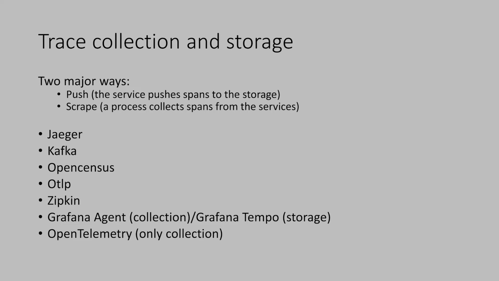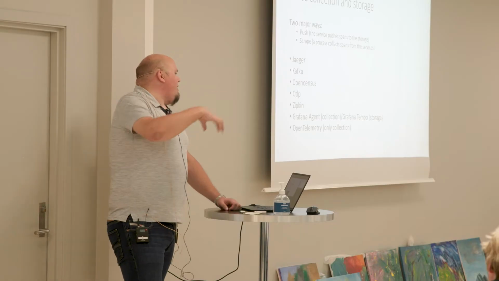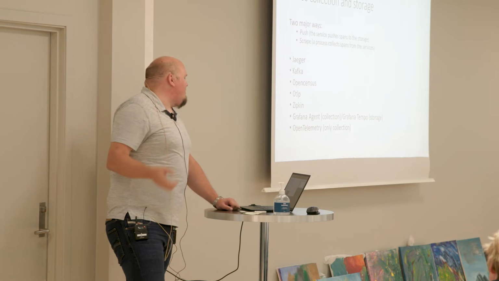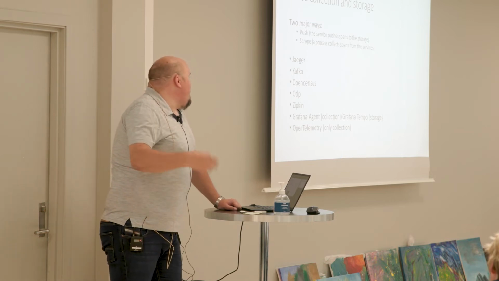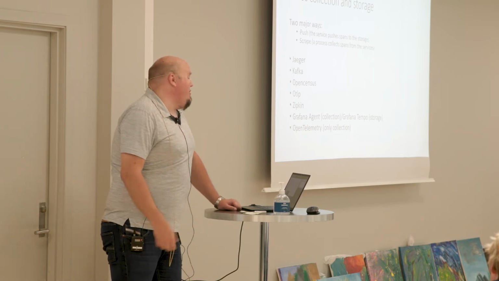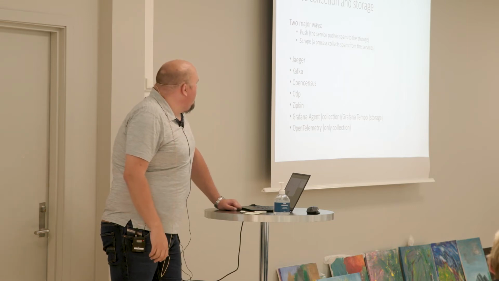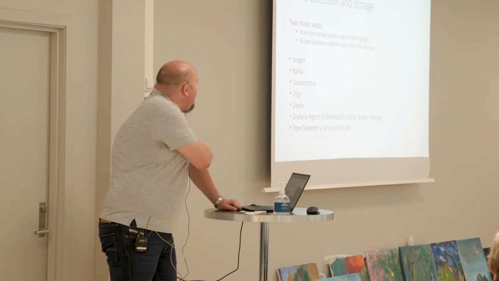Or you can do the scraping approach, where you run one or more scrapers that go and collect them, like you do with Prometheus metrics. You can of course combine them depending on what your system supports. Not sure what's most common. I think the most common one is to run a scraping approach.